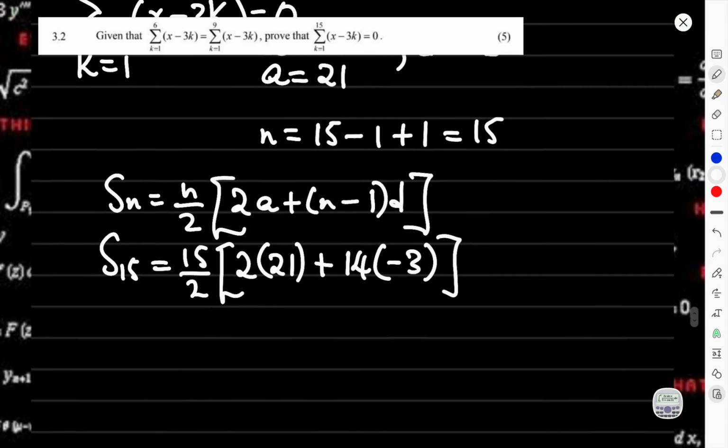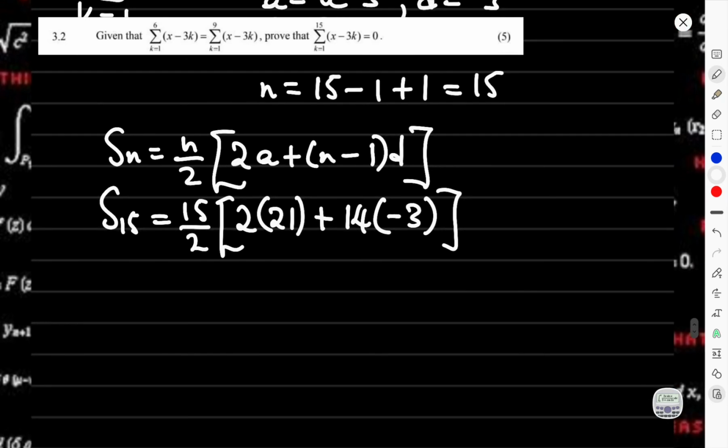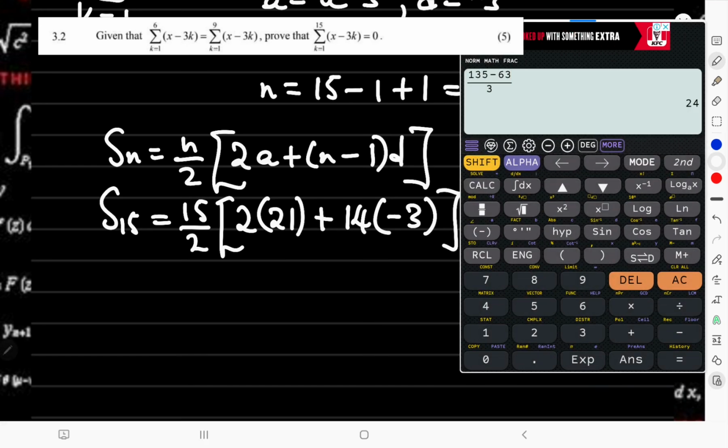Then d is negative. Okay, and when we punch this in, are we getting 0? I don't think so. So what could be the problem?